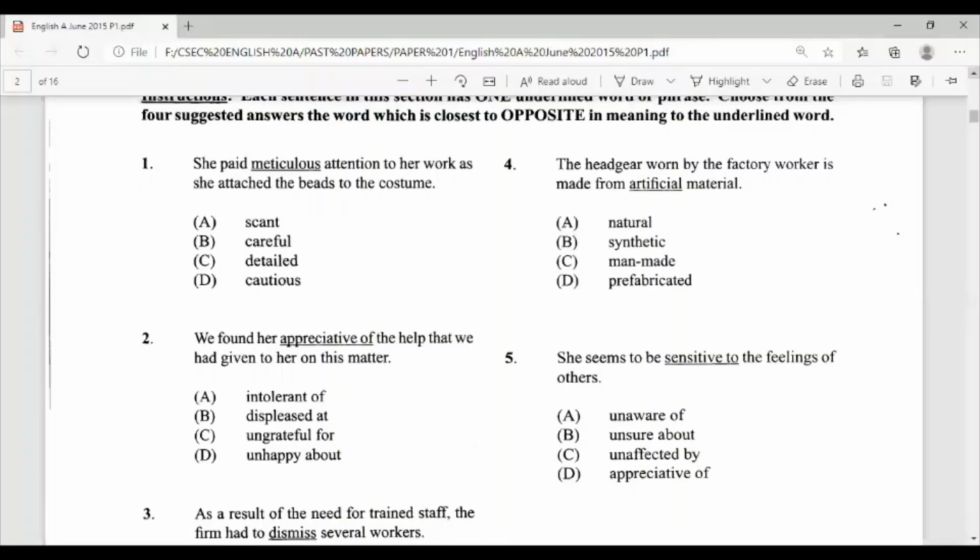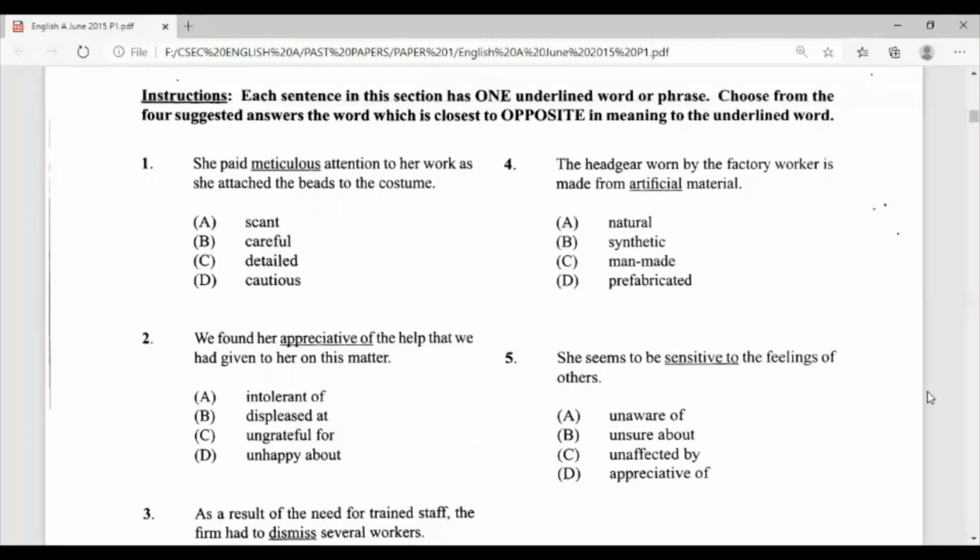All right. Number 5, she seems to be sensitive to the feelings of others. Now, if you think about being sensitive, having sensitive skin, to be sensitive is a feeling where things affect you easily.